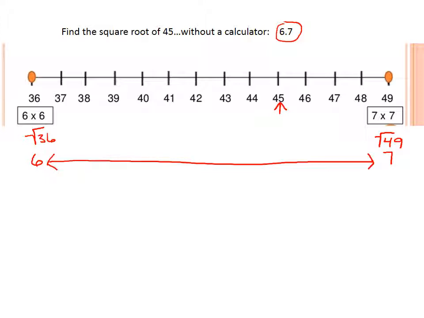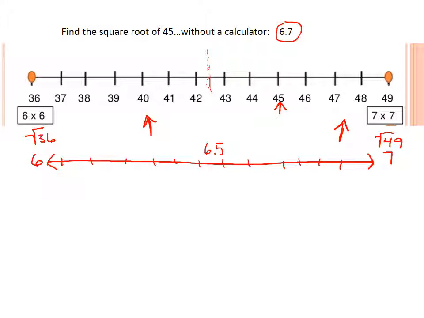our answer will be. Because if we squared 6.1, 6.2, 6.3, and so on, we would get all these numbers in between, right? So I can tell by my number line that my halfway point is somewhere around here. And so this should be 6.5, right? So if I'm looking for the square root of 45, I would venture to guess that it is bigger than 6.5.